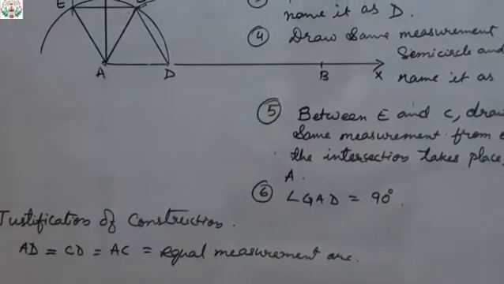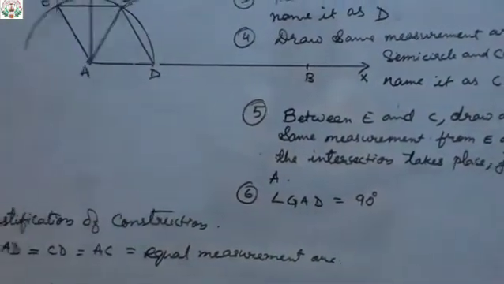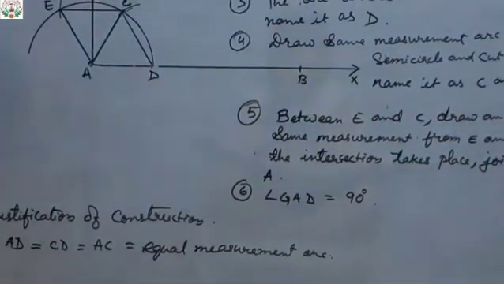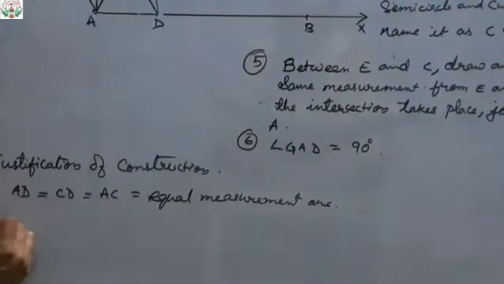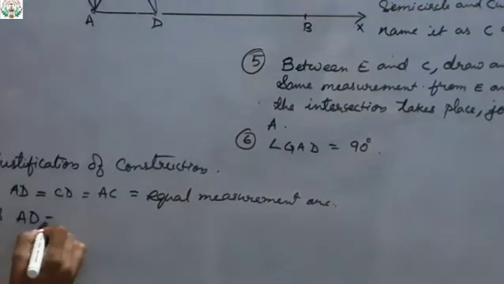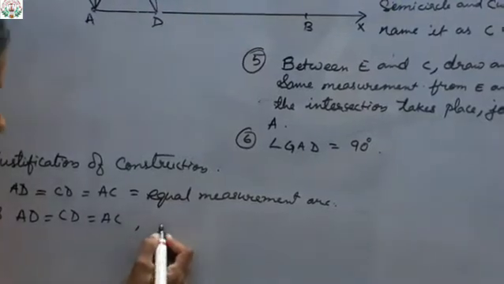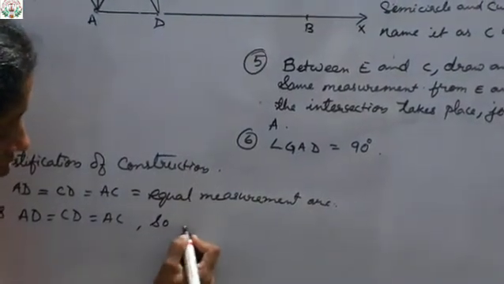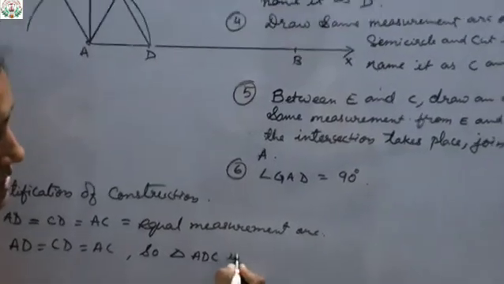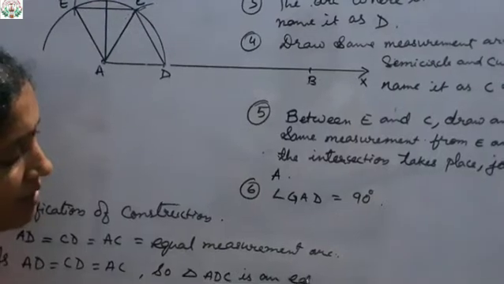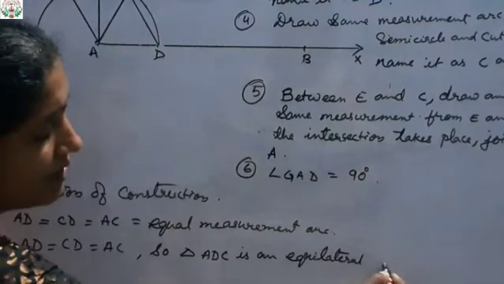Clear? Understood? So as AD equals to CD equals to AC means what? It is an equilateral triangle. Is it not? So as you can write equal measurement as AD equals to CD equals to AC, that is why so triangle ABC is an equilateral triangle.